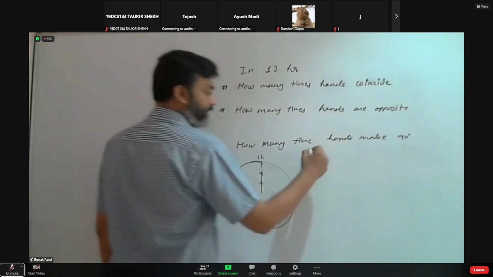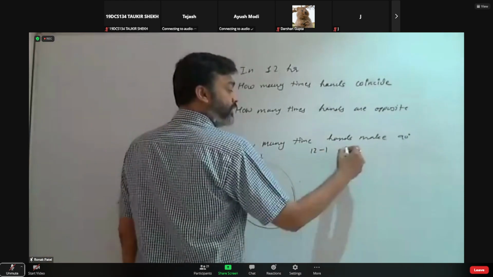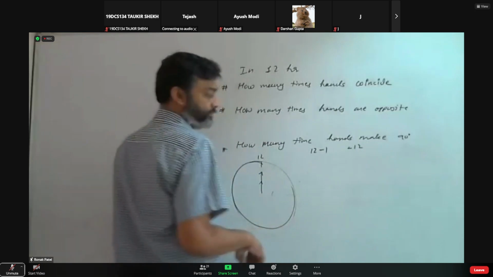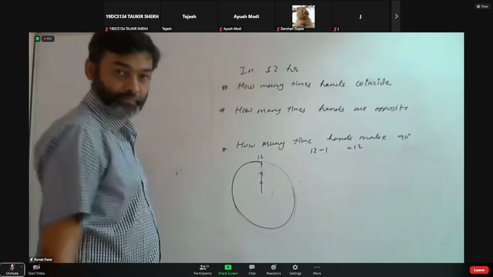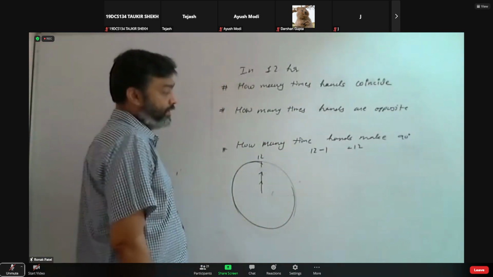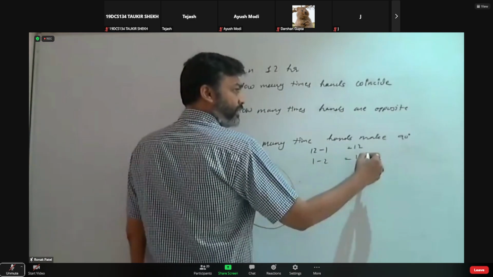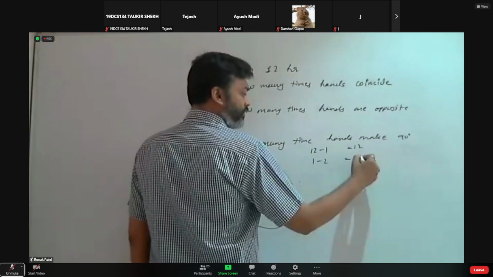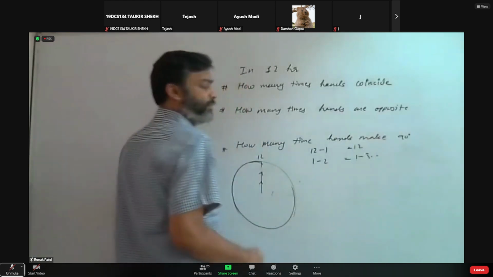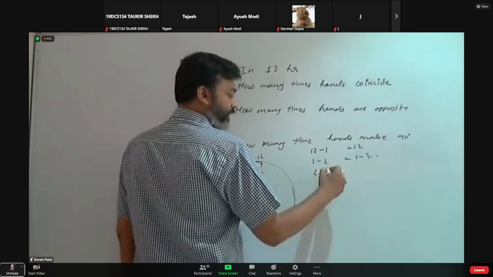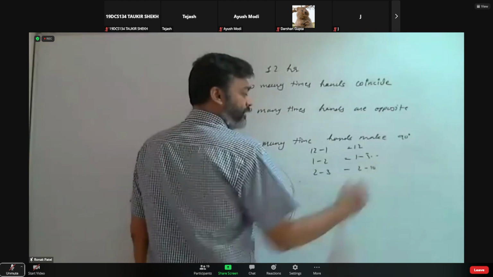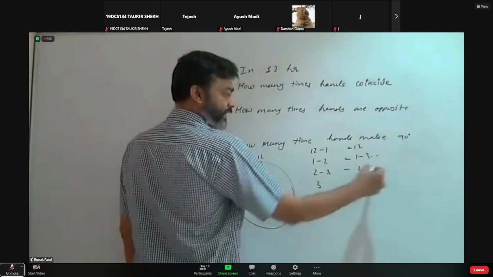So between 12 and 1, at 12 o'clock they coincide. Then between 1 and 2, roughly at 1:05 point something. Between 2 and 3, around 2:10, not exactly, but something point.